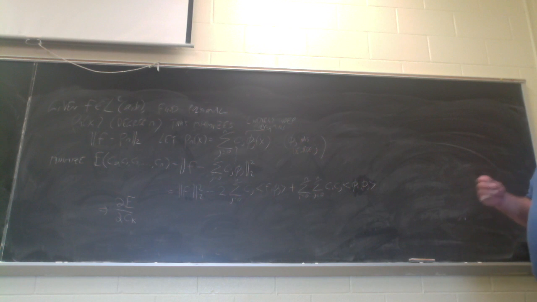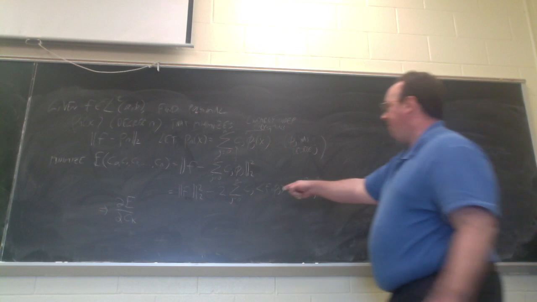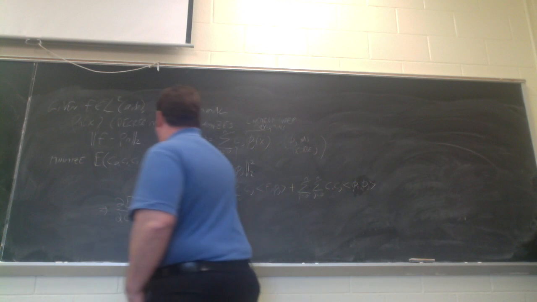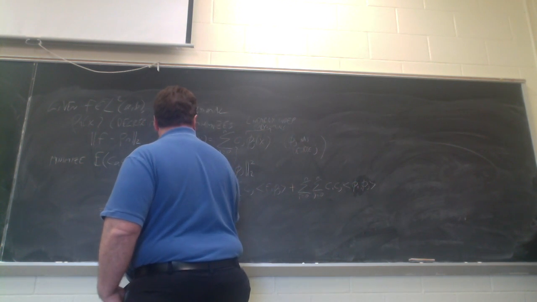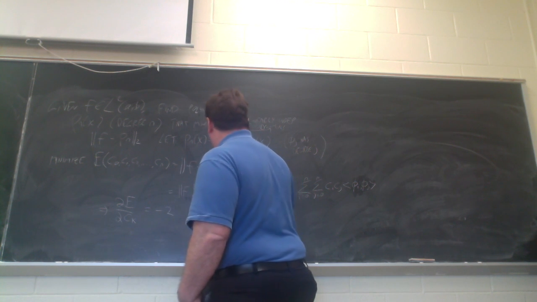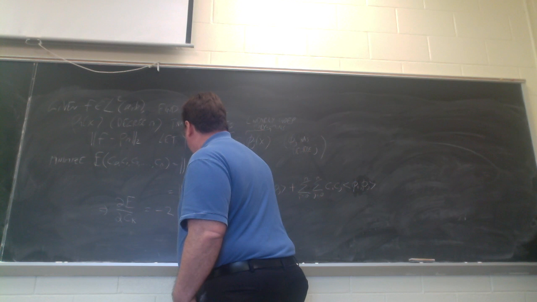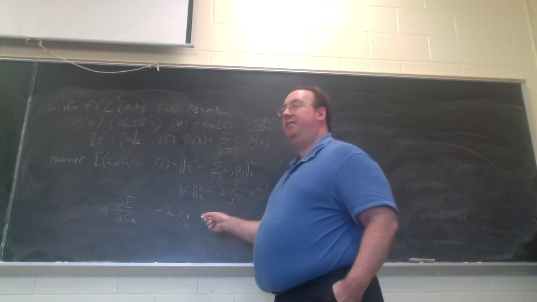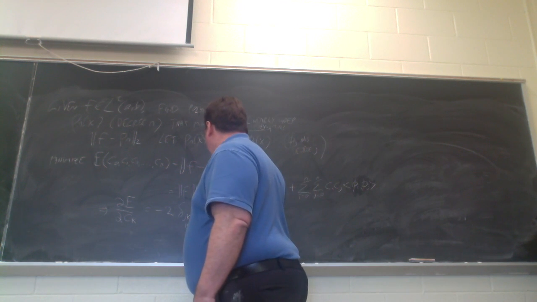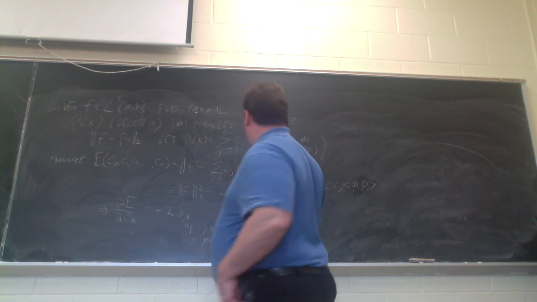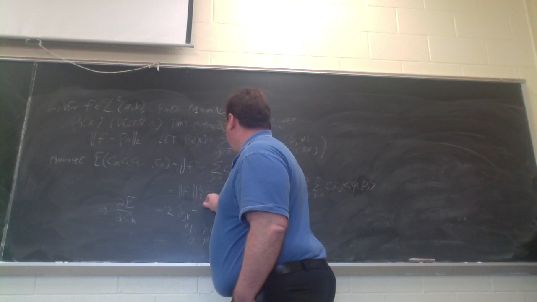So I'm only going to get something from it when j is equal to k, in which case the derivative of this will be 1. Otherwise, it'll be 0. So I'm going to get minus 2 times delta jk. This is a Kronecker delta. That's equal to 1 if j is equal to k and 0 otherwise. Times inner product of f with phi j.